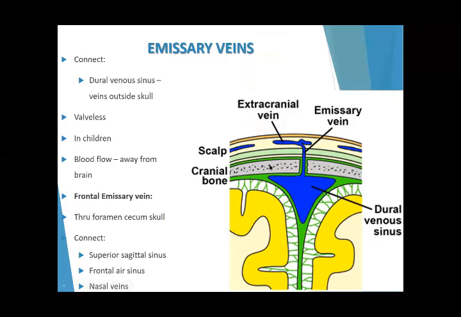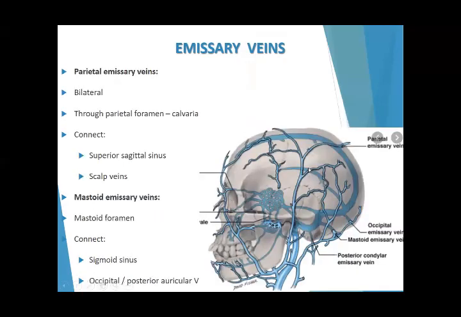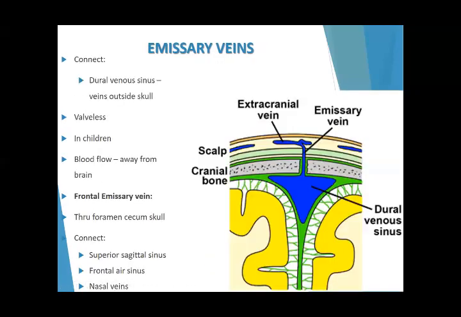Emissary veins बेटा ये skull है. ठीक है, this is the bone of the skull. Skulls के दरमियान sutures हैं. Sutures of the skull, ठीक है, which are filled up with fibrous connective tissue. Now, emissary veins are the veins that connect. This is the dural venous sinus, superior sagittal कह ले.